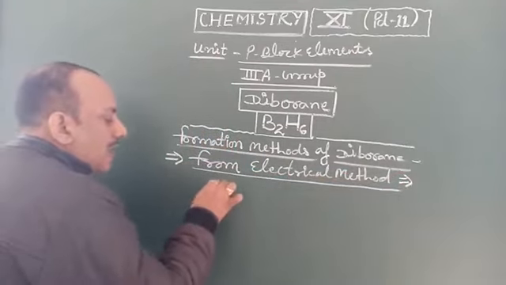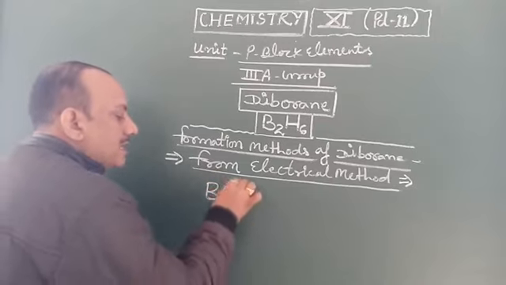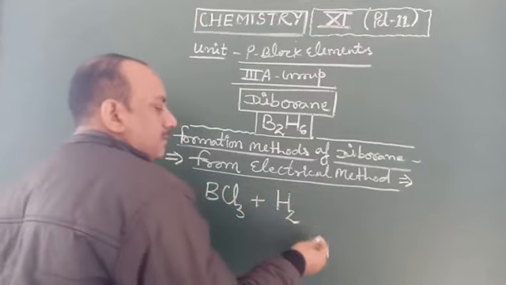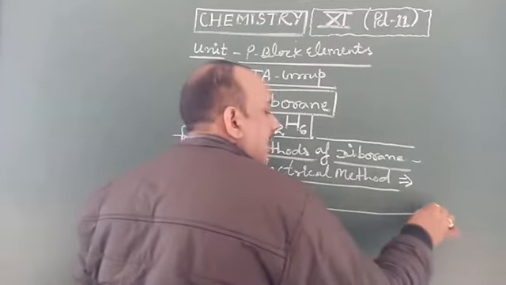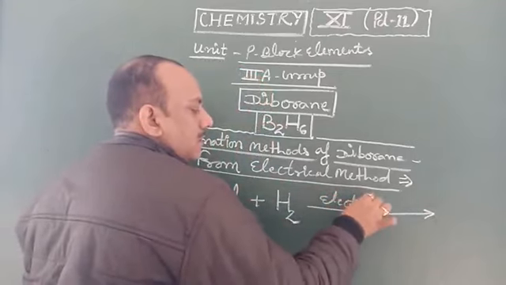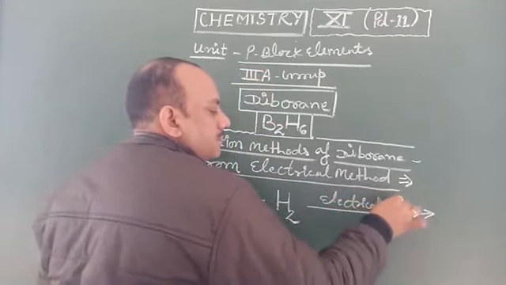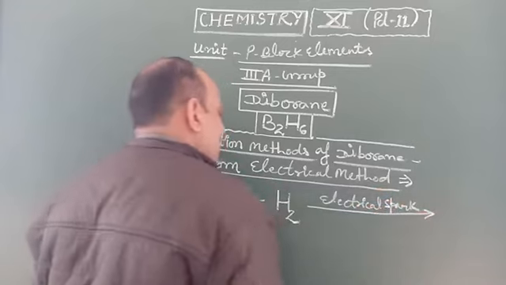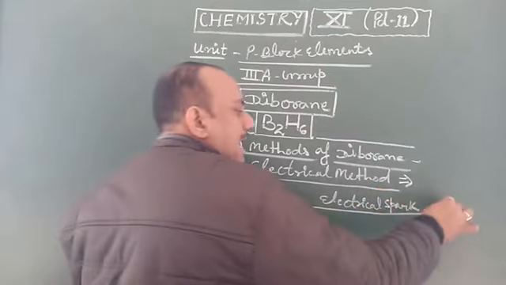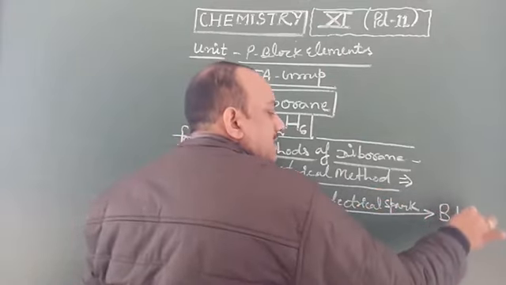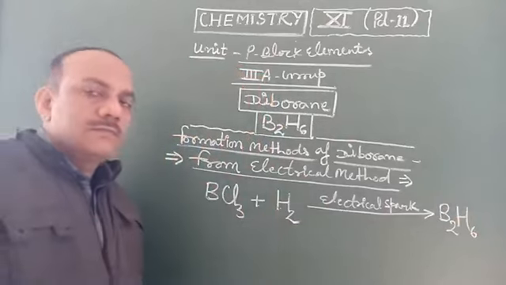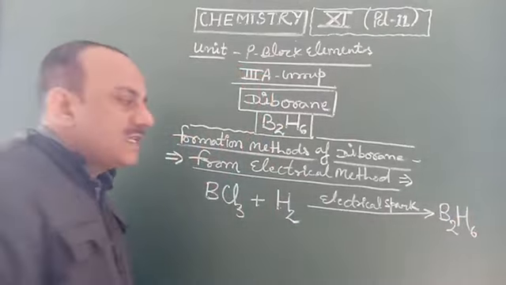When boron trichloride, BCl3, reacts with hydrogen in an electric spark tube, it reacts with hydrogen to form diborane, B2H6, and HCl.